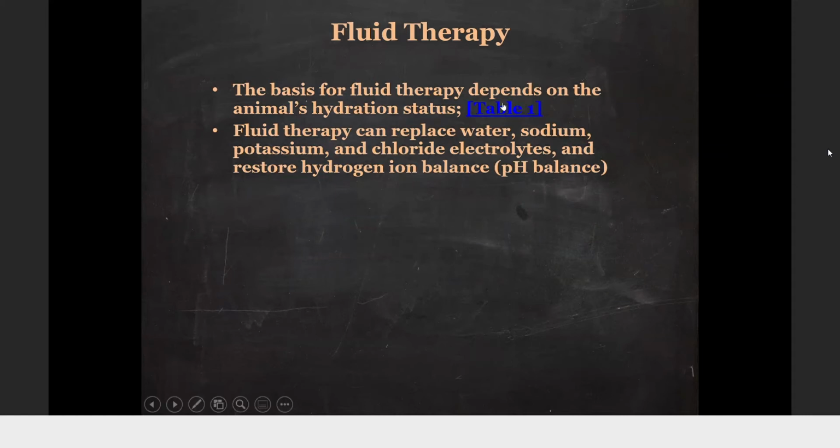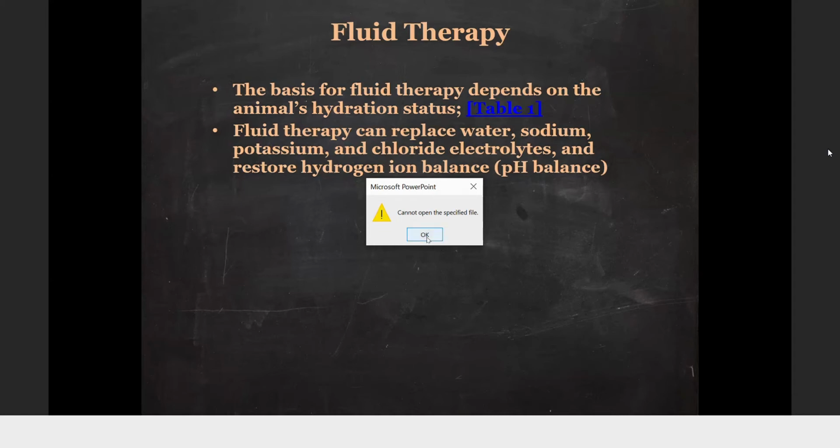Okay, I can open this table now. Oh shoot, wait, let me find this table first.